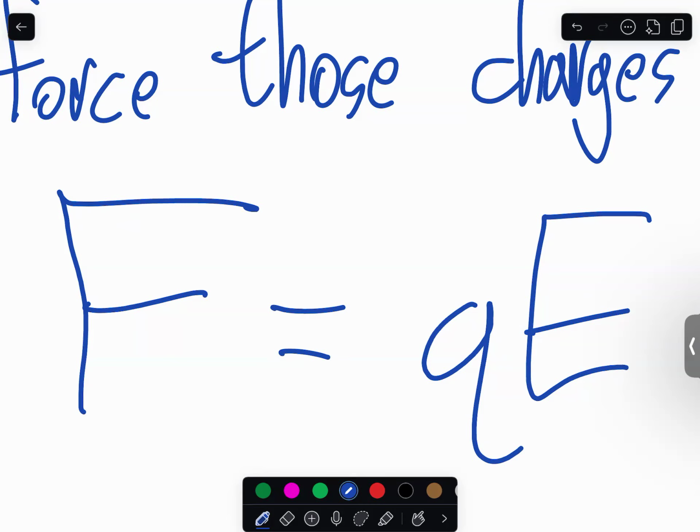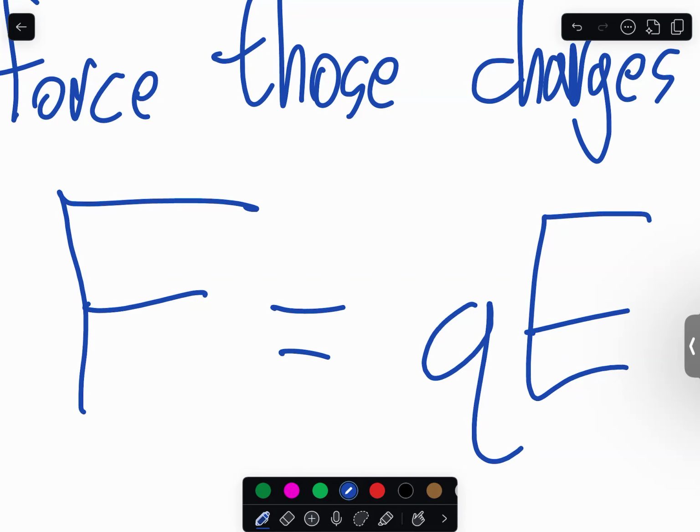Q feels some field created by other charges. This is the feeler. Remember, every force has to do with feelers and dealers? Causes and effects. Q is everything you need to know about the thing which feels the force, feels the electrical interactions.